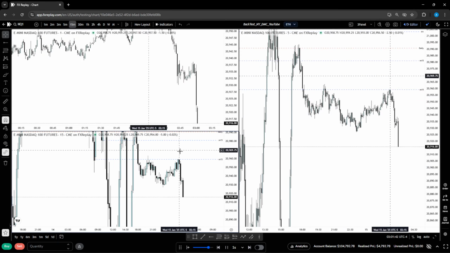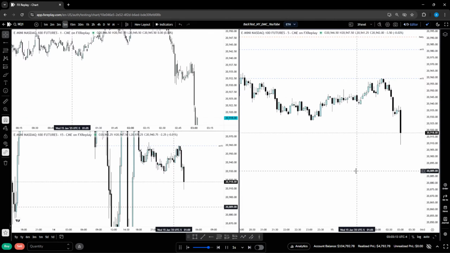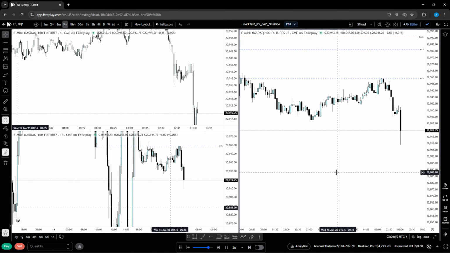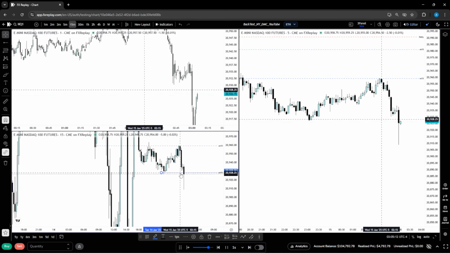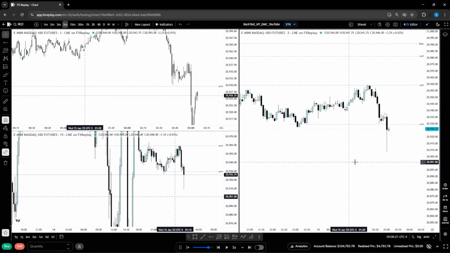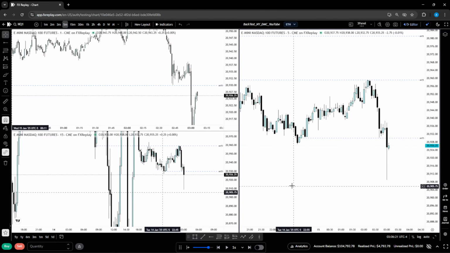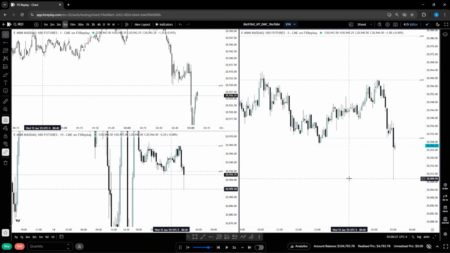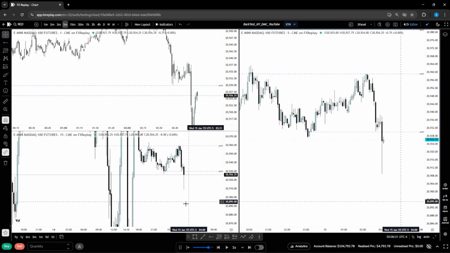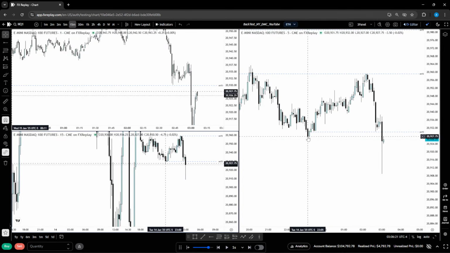This was a failure swing. So in 5 minutes we close below this level.